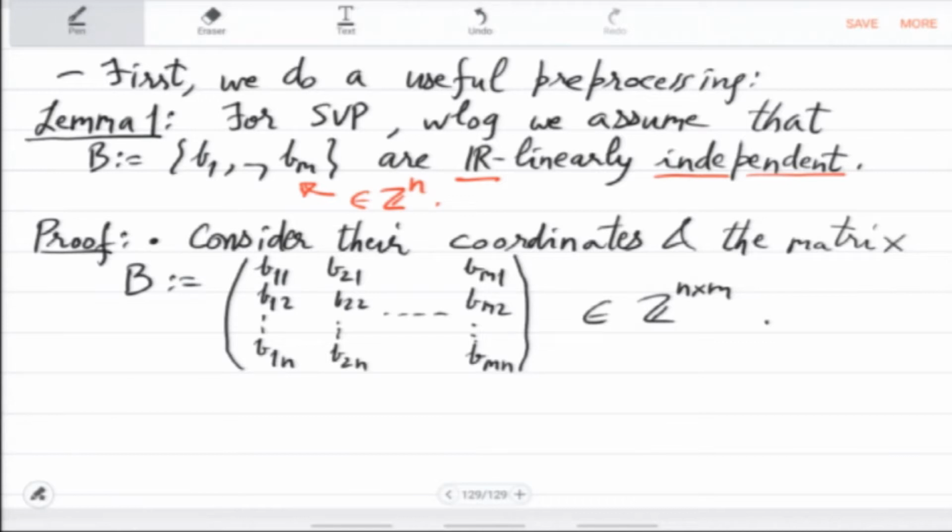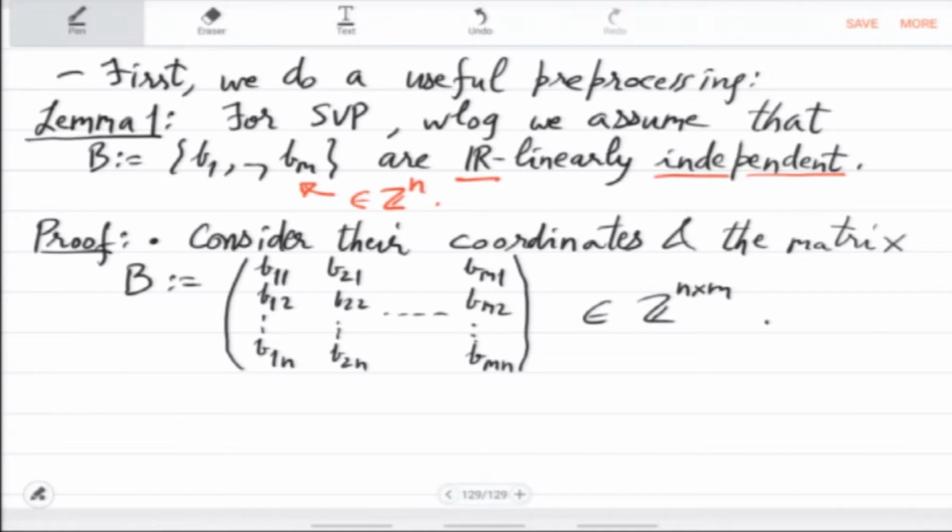We will take linear combinations of the columns and try to make this matrix a triangular matrix. But remember that you are only allowed integral combinations. You cannot use non-integers.